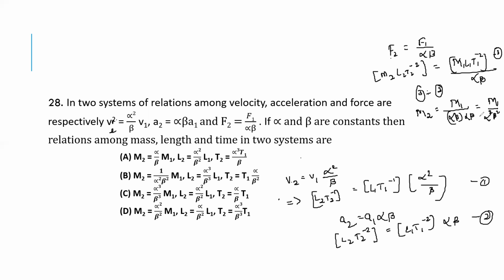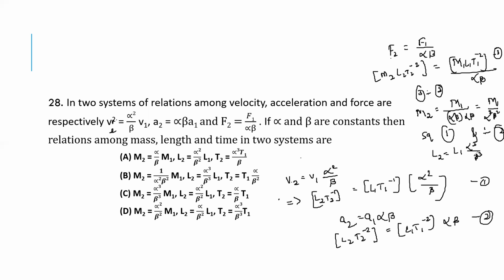So squaring equation 1 and dividing by equation 2, what we will get is L2 is equal to L1 alpha cube divided by beta cube.